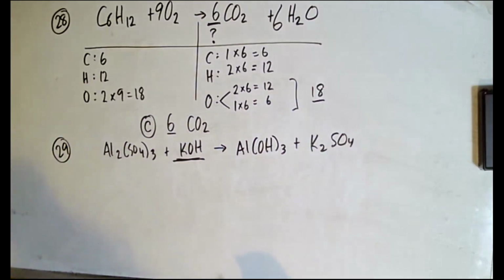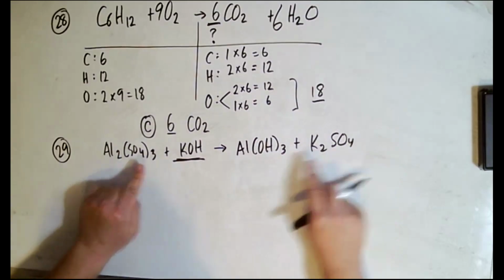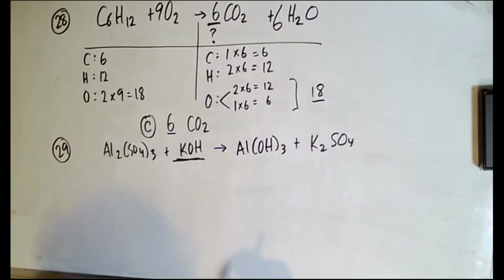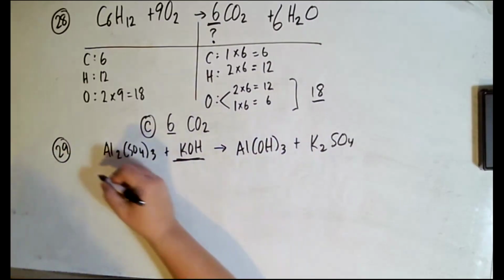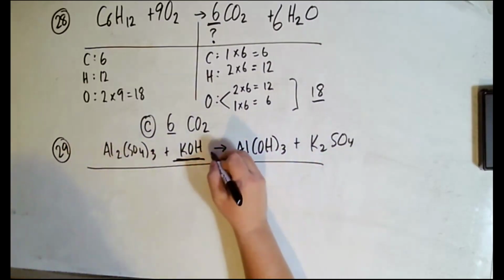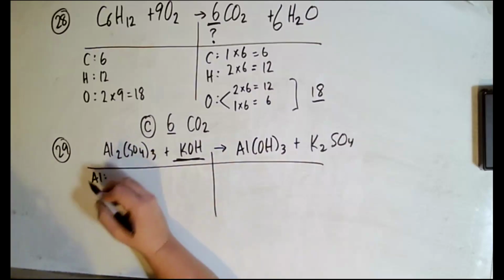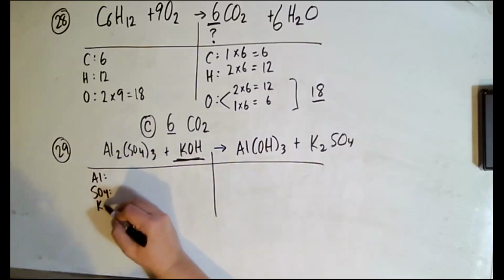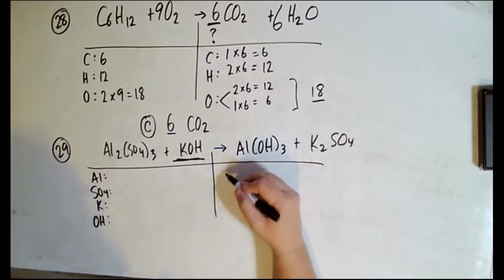We see in this equation that our polyatomic ions have stayed intact on both sides of the reaction. So we're going to be able to keep them together when we take account of our atoms here. So we can count our aluminums, we can count our sulfates as a unit, we can count our potassiums, and we can count our hydroxides as a unit.